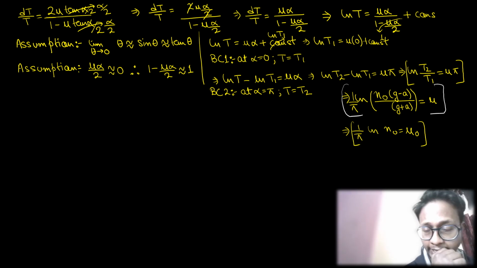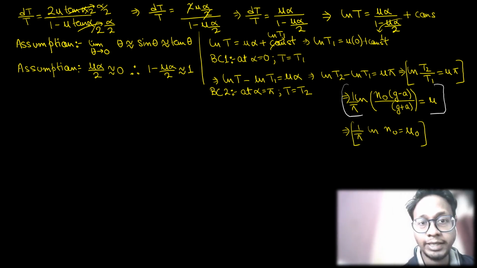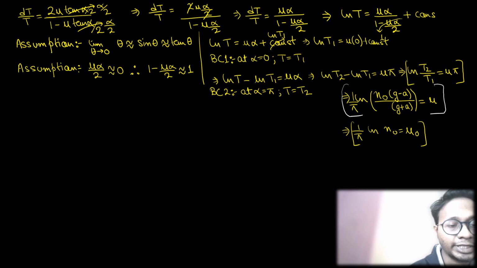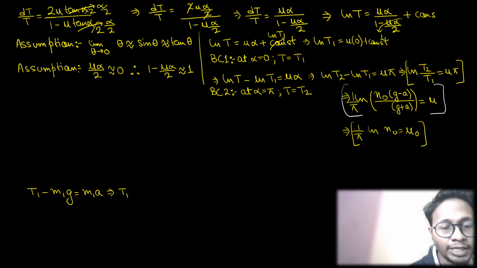Okay. Now the second part of the question is find the acceleration of the block. So from the first equation out here, can I say T1 minus M1G is equals to M1A, or T1 is equals to M1A plus M1G. See the first block.